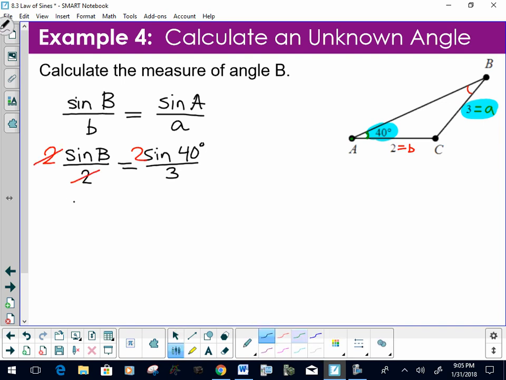So we're left with the equation, the sine of B is equal to this whole thing, 2 times the sine of 40 degrees divided by 3. I'm going to go ahead and calculate that. 2 times the sine of 40 divided by 3 is equal to 0.4285.